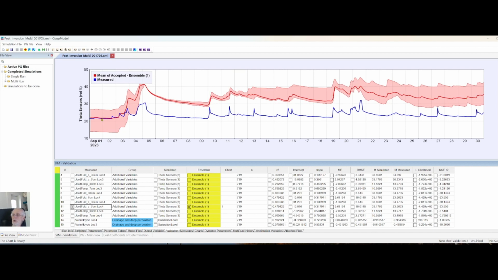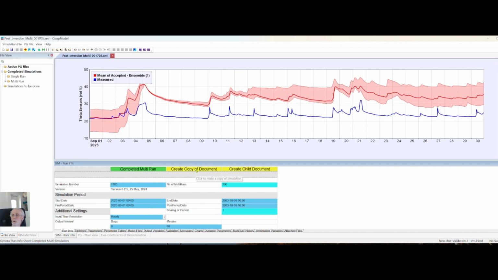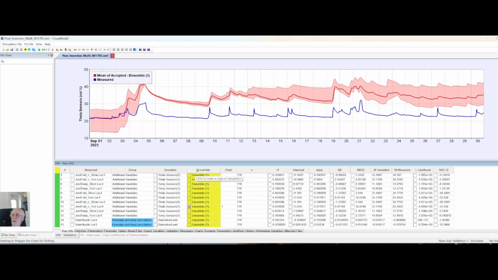Started perfectly, but then it became more or less constantly overestimating. So we would like to do something to improve this. And then we do as we have been doing before, we create a new document.